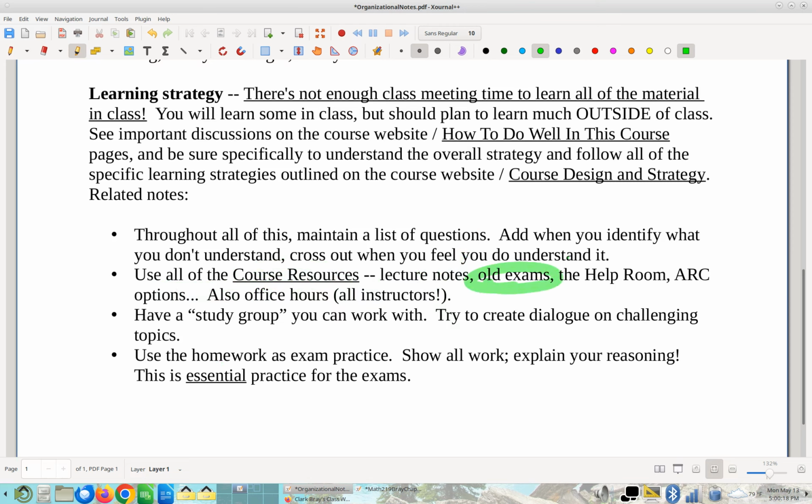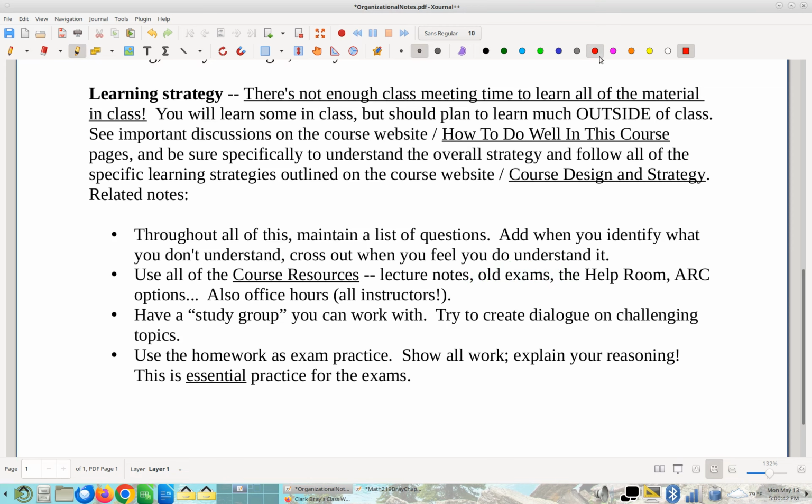Old exams. I don't even know, probably hundreds of old midterm exams available online for you all to look at. I hope you'll find those useful. I think it's a good way to check your understanding of material. You can see some actual old exams from past semesters.